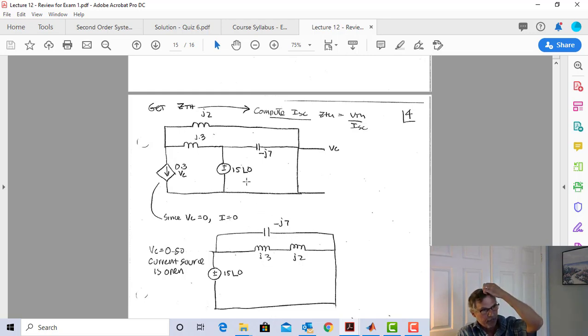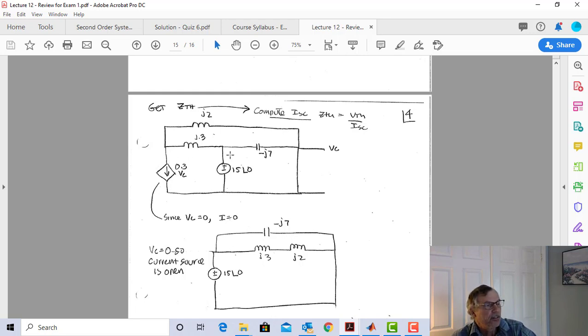So what we have to do now is take our topology and wiggle it around. So this is not here, okay? So what I'm going to do is pick this node up and move it over here, because really all this node is just J3 in series with J2, because remember this is gone because it's been zeroed.